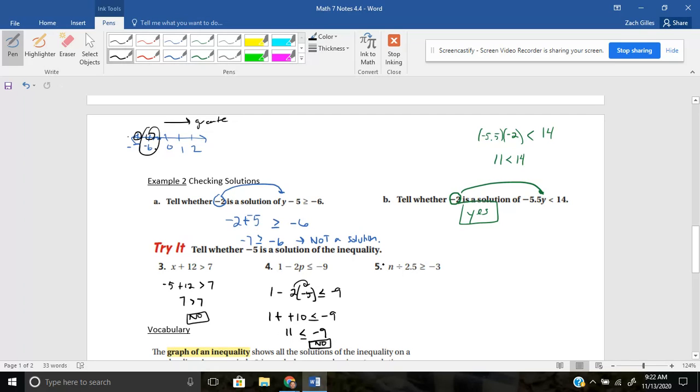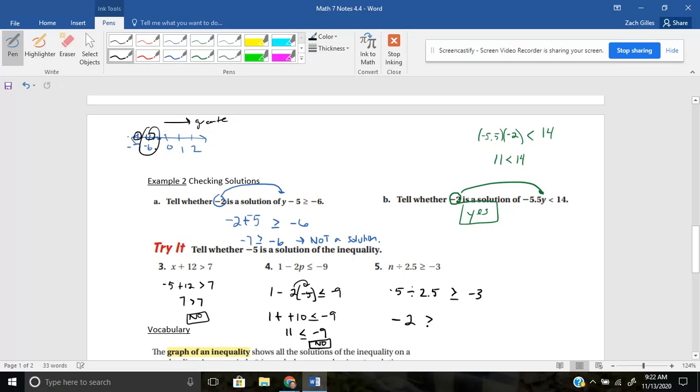And then ending with number 5, negative 5 divided by 2.5. Again, we're substituting negative 5 in for our variable. Is that less than or equal to negative 3? Well, a negative divided by a positive is a negative. And 5 divided by 2.5 is 2. 2.5 goes into 5 twice.